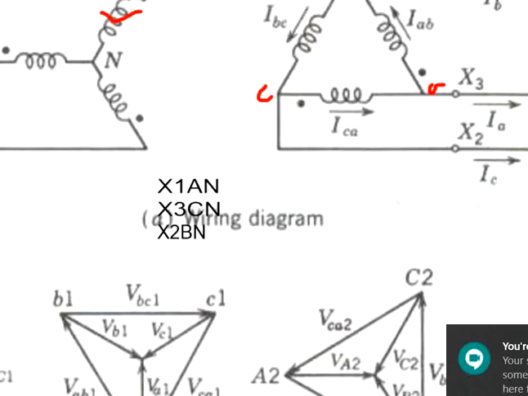That means this terminal and these terminals are parallel. Now, this terminal is C. VC1 will resemble this XA1, and these terminals will resemble this terminal and this terminal.